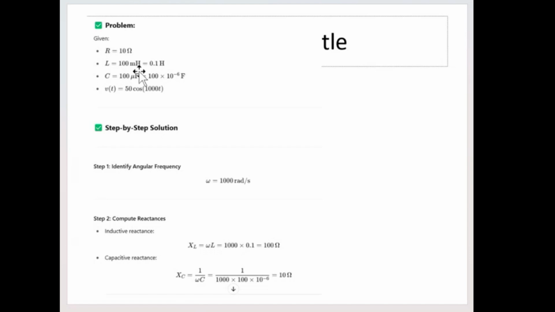The inductance is 0.1 Henry, and the value for the capacitance is 100 microfarad. The input voltage has the magnitude of 50 volt times cosine of 1000 t. So omega is 1000.